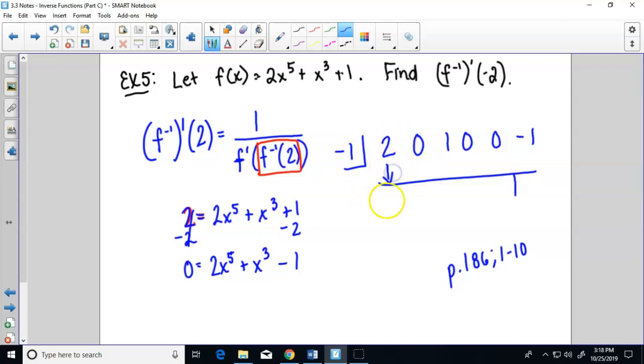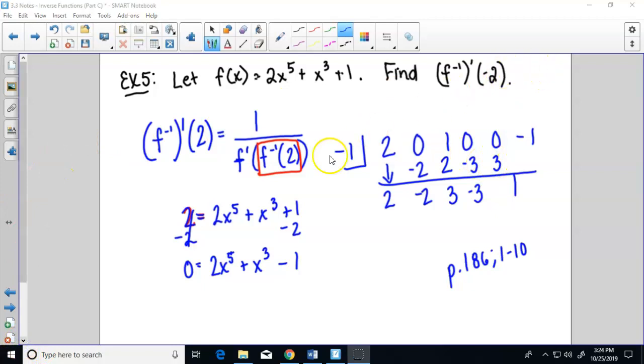So if we check this, 2 times negative 1 is negative 2. Negative 2 times negative 1 is positive 2. It's 3. 3 times negative 1 is negative 3. Negative 3 times negative 1 is positive 3. Hold on, I've messed up.